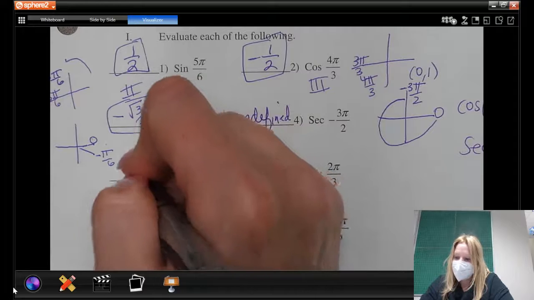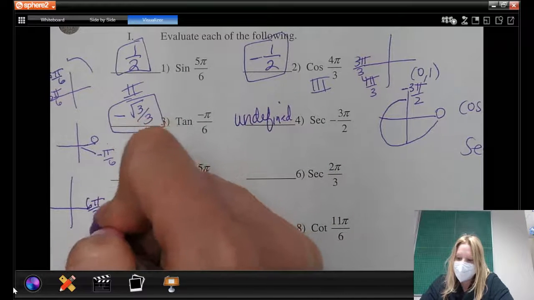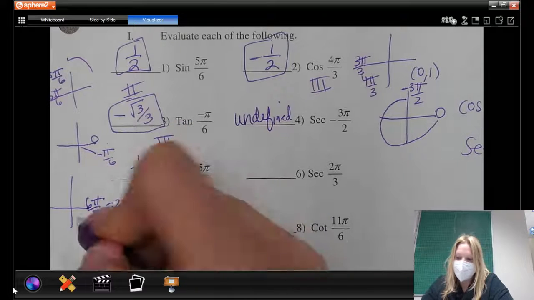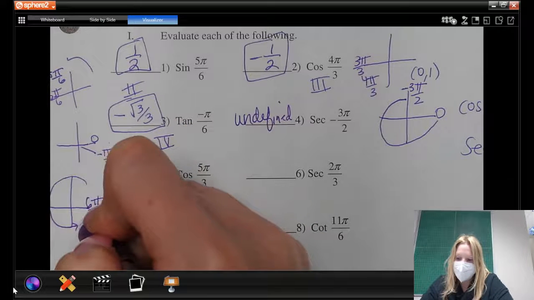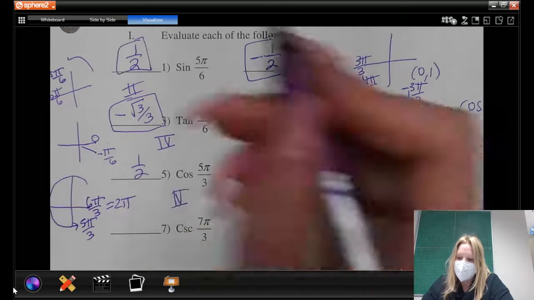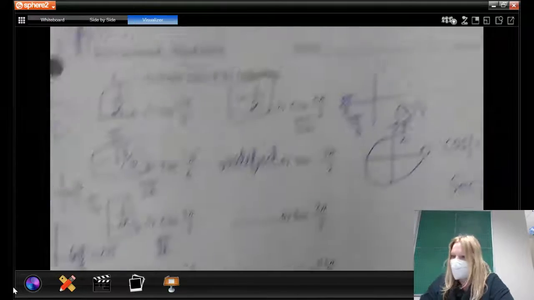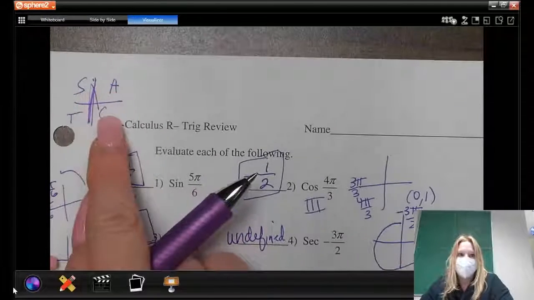Cos of pi over 3, a half. 6 pi over 3 is here because it's 2 pi. So if you're coming around, 5 pi over 3 is here in the fourth quadrant. Cos is positive in the fourth quadrant. Again, because of your all students take calculus.